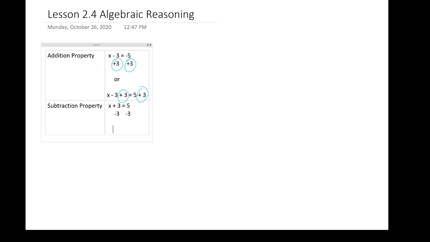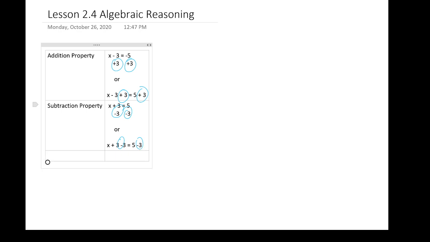And again, the other way we'd see what this looks like is x plus 3 minus 3, and then we'd have 5 minus 3, because some people prefer to see this horizontally versus vertically. I think you've been taught vertically to take those inverse operations, but it's effectively the same thing as long as we're doing the same to both sides.